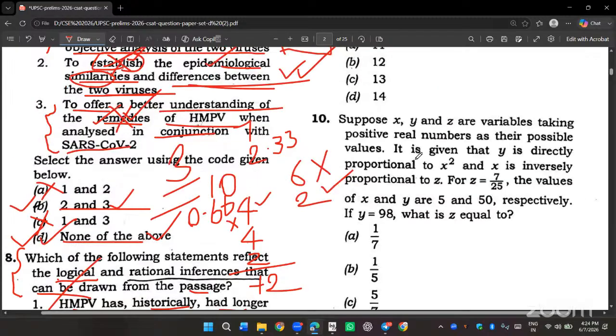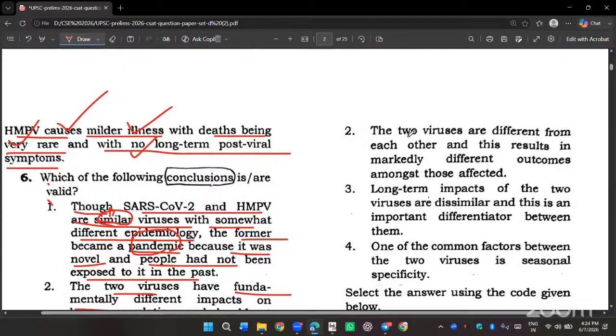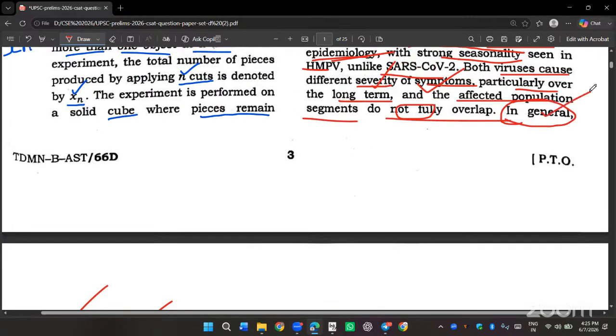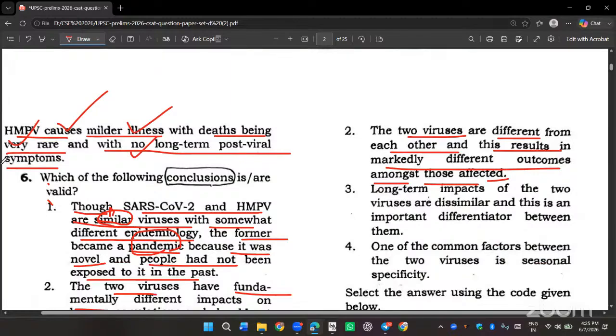Then statement 2: the two viruses are different from each other. Yes, they are from different families. Good. This results in markedly different outcomes amongst those affected. Yes, in general, those affected by HMPV were affected like this.